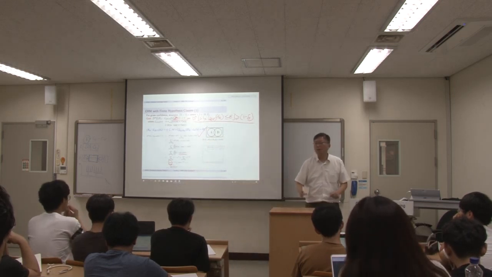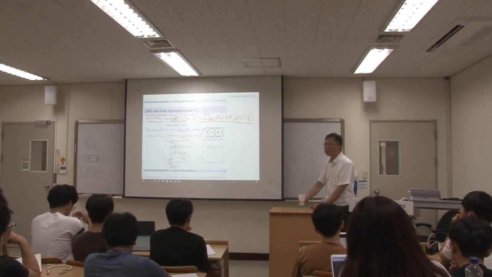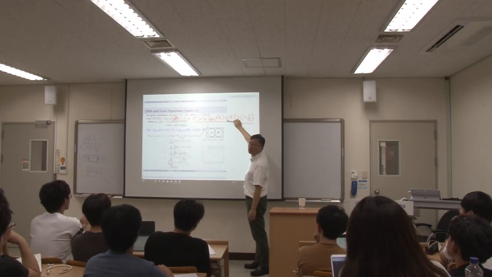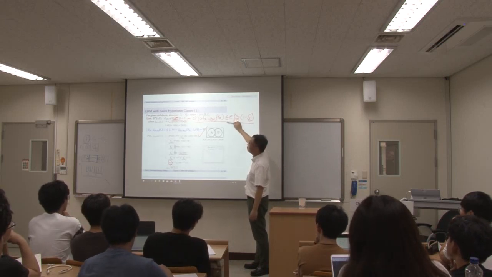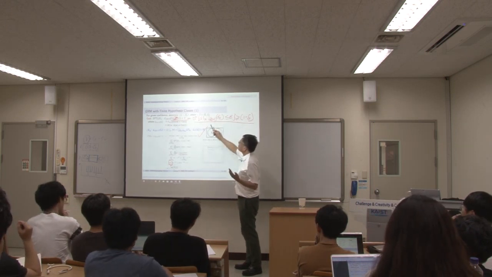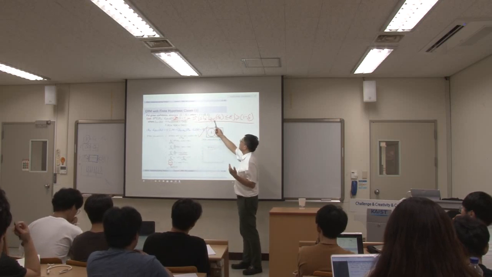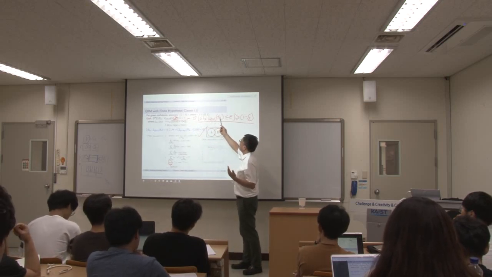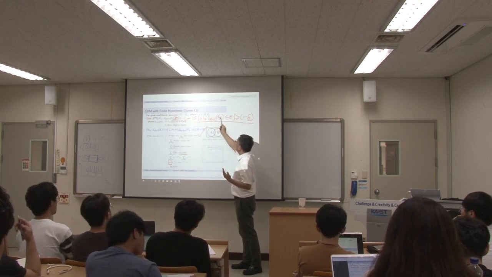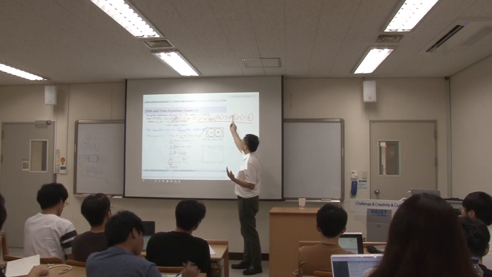What does that mean? I choose my ERM, and I look at the test loss being less than epsilon.